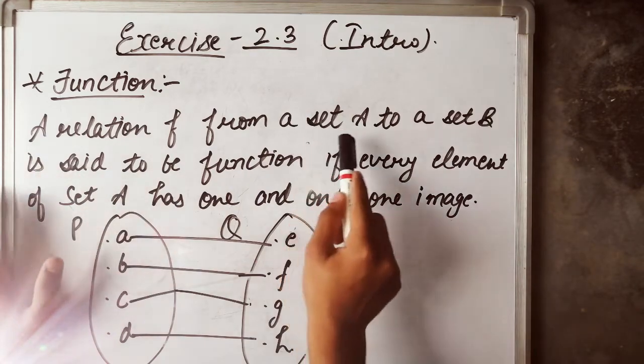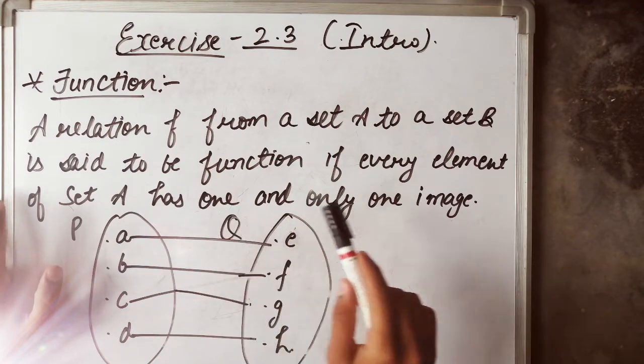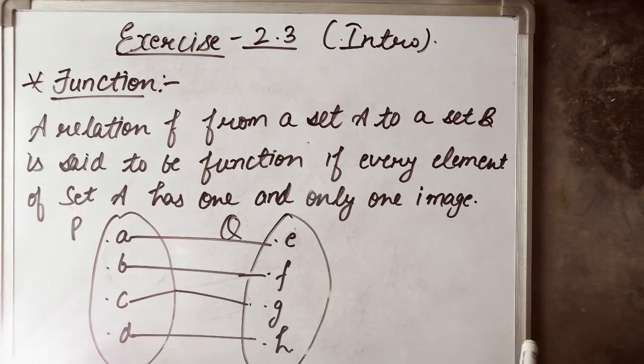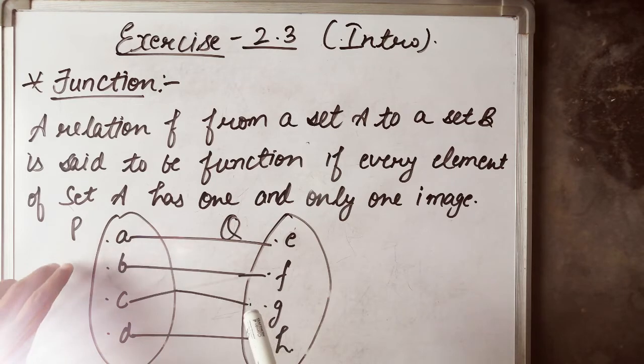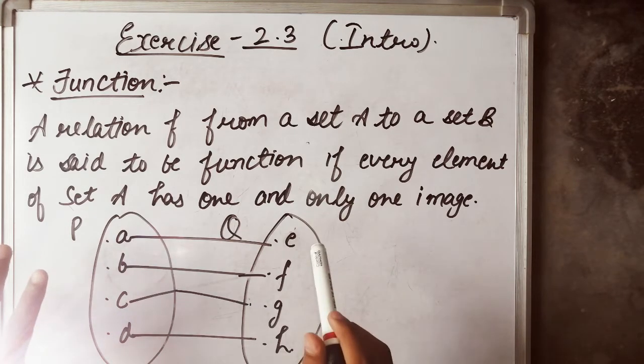A relation f from a set A to a set B is said to be function if every element of set A has one and only one image. It means that a function is a special type of relation in which each element of the P set has a unique image in the Q set. Okay.